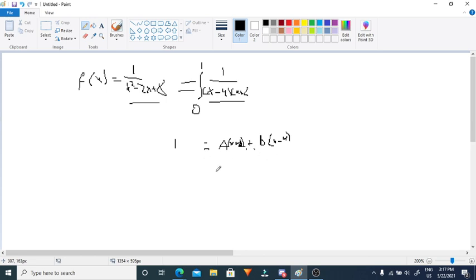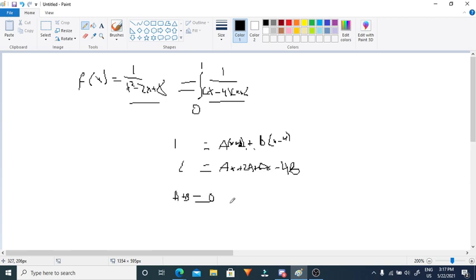So the way I like to do these problems is 1 equals, I'm going to distribute first, ax plus 2a plus bx minus 4b. Well, there's no x's on this side, meaning ax plus bx has to equal 0, or a plus b has to equal 0, because these x's have to cancel out.